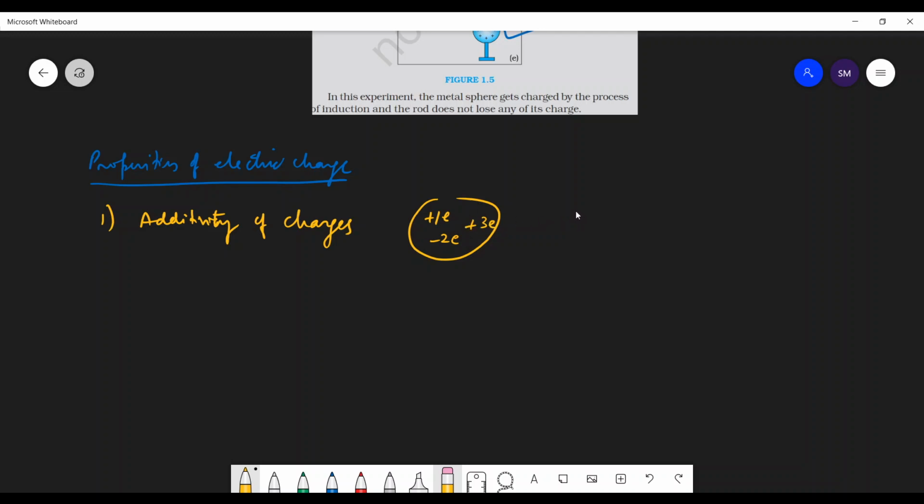These are scalar quantities, so I can add them simply, and the net charge on the object is plus 2. So you can simply add the charges. This is quite important. And if I add minus 2 to it, then the net charge will be 0.